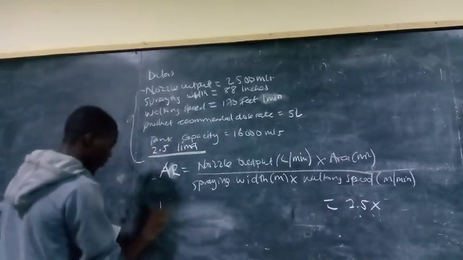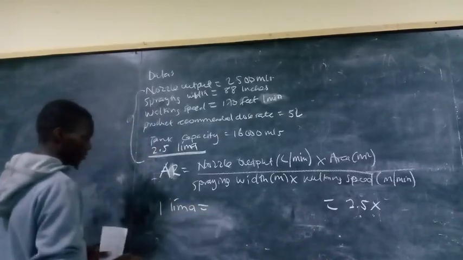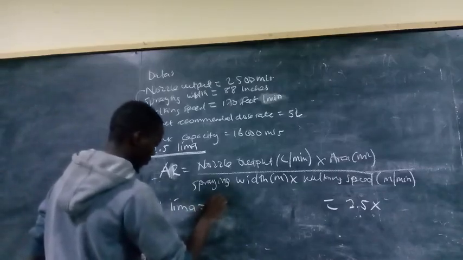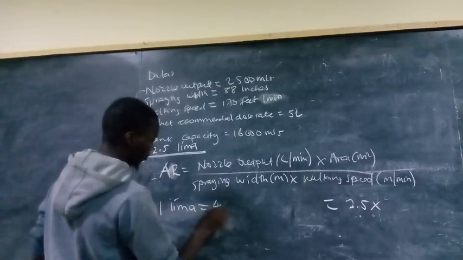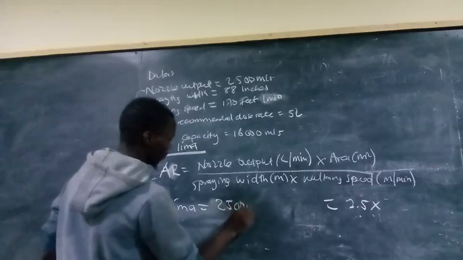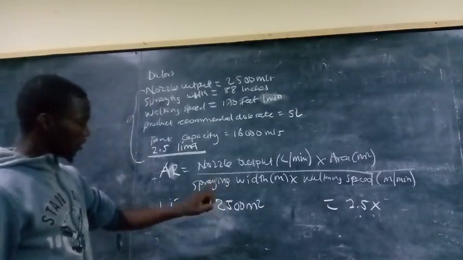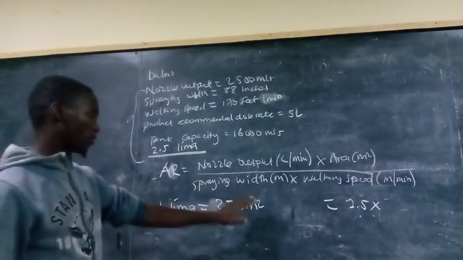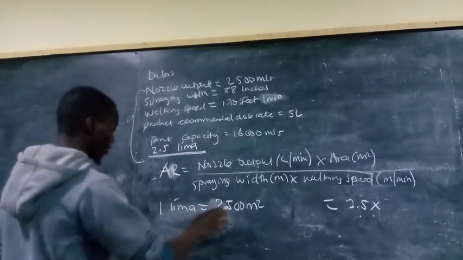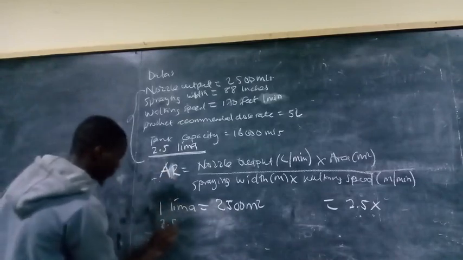So we want to say 1 lima is equal to 2,500 square meter. That's the conversion we're going to use. So on this, we're given 2.5 lima.